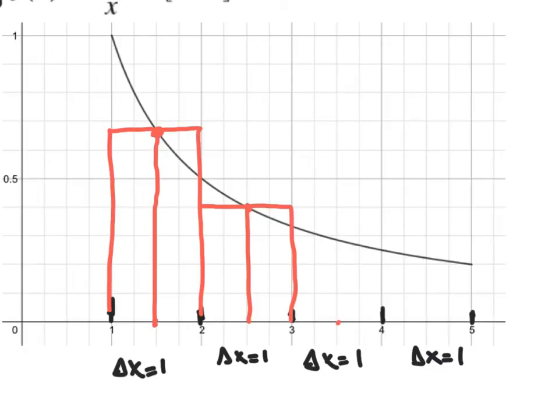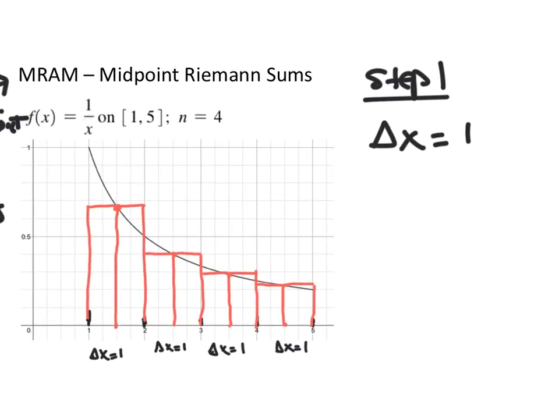Okay, go to 3.5, draw a line going up, and move to the right, move to the left, and then same thing at 4.5. Go up to our function, move to the right, move to the left, and make your rectangles.